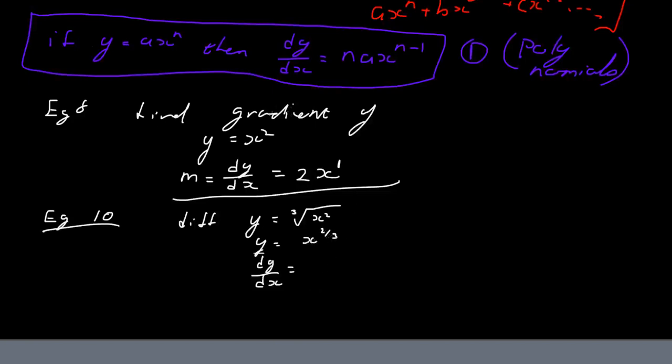So we follow our rule. dy by dx is n ax to the n minus 1. So n is 2 over 3, and we put it in front. Then we put a, which is 1. Then we put x, and then n minus 1 in the power. So 2 over 3 minus 1 is negative a third. And there you go. You've done your derivative.